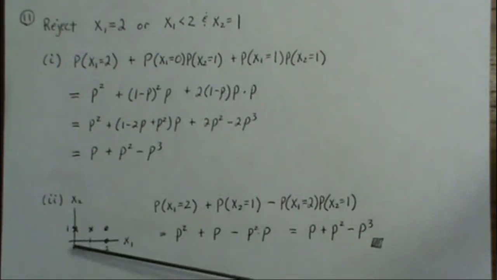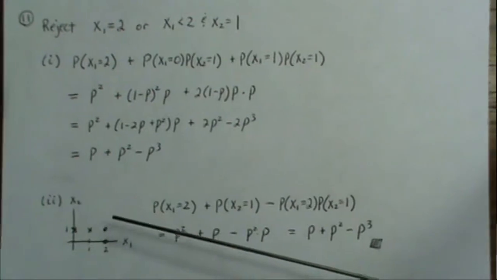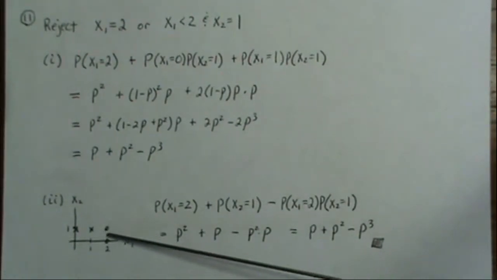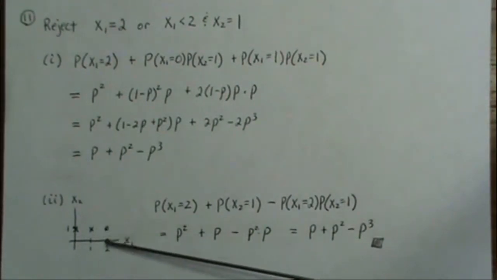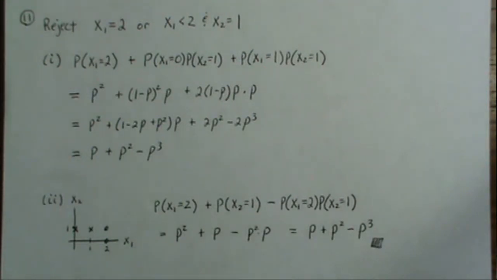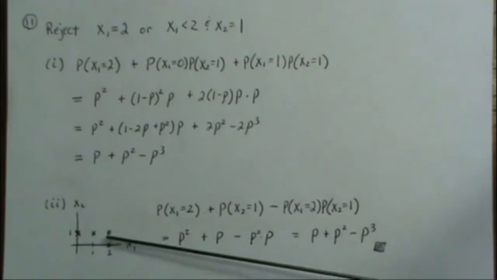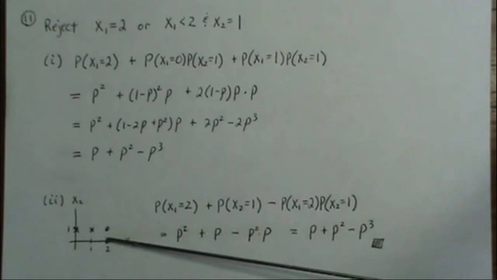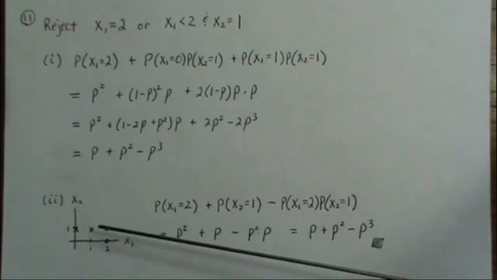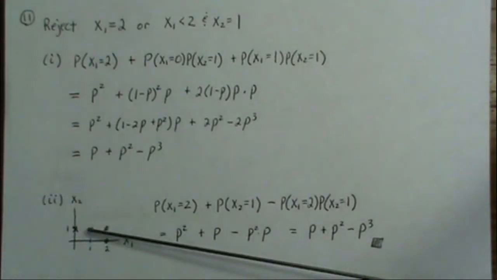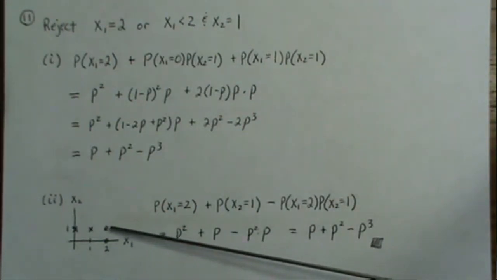The number of defectives can be 0 or 1. And the thick circles here are the first time we sample. If we get a 2, we reject. And the second time we sample, if we get a 1 on x2, we reject.